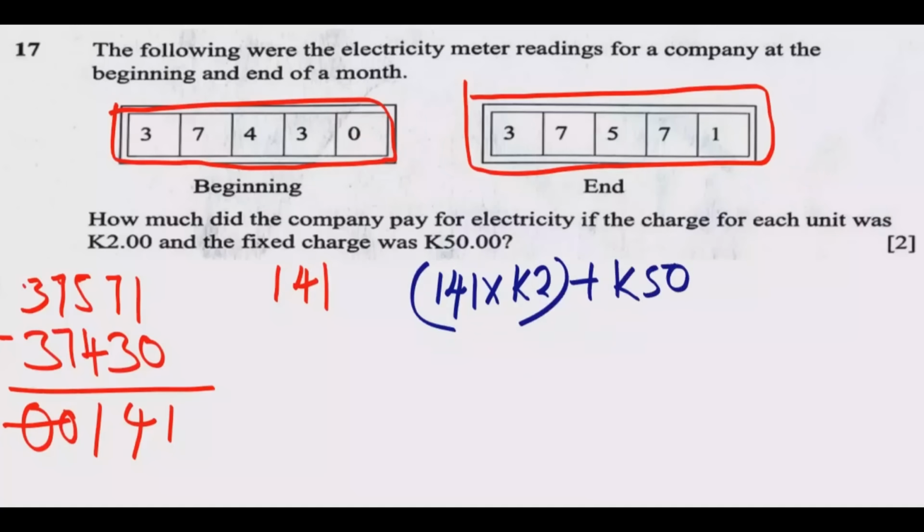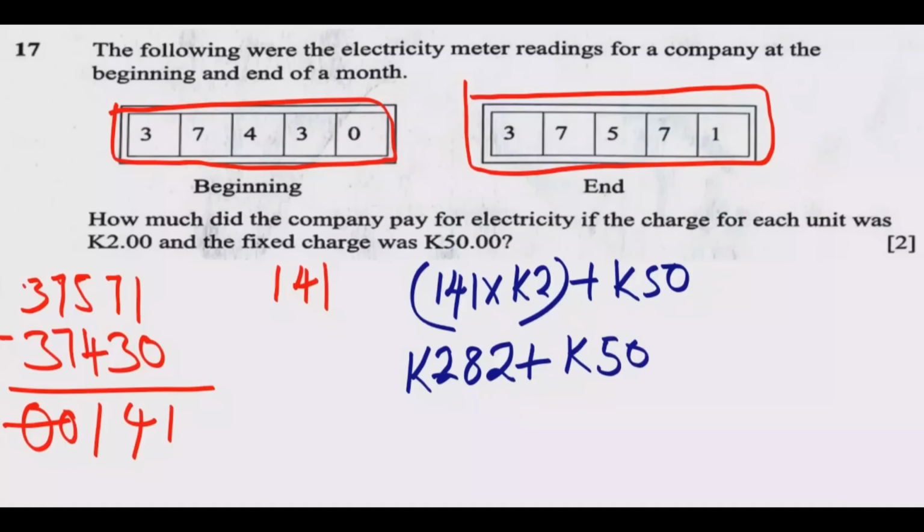So when we multiply, 2 by 1 will give us 2, 2 by 4 will give us 8, 2 by 1 will give us 2. So the amount they paid for the units was 282 kwacha. Then plus the fixed charge, which is 50 kwacha.